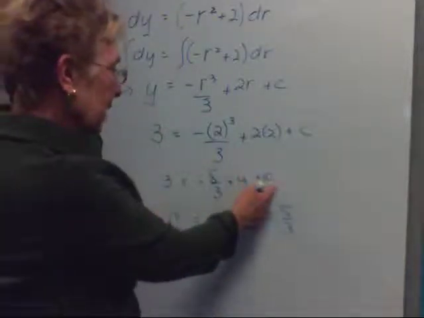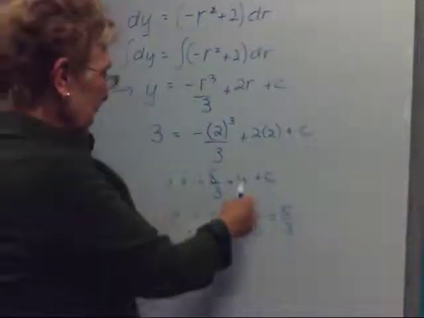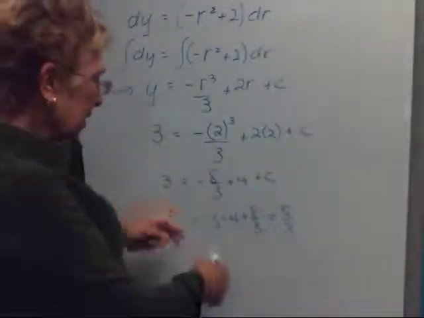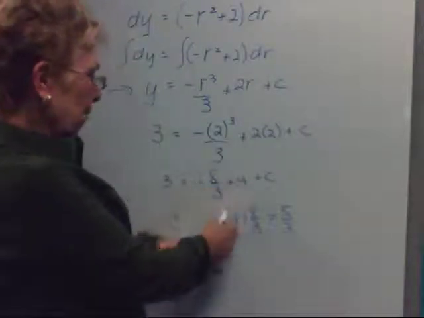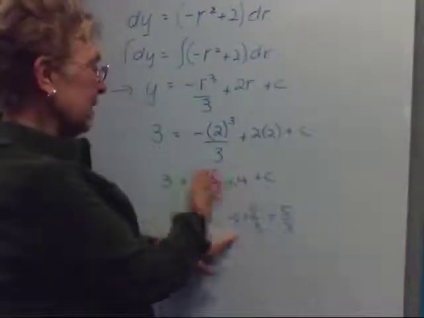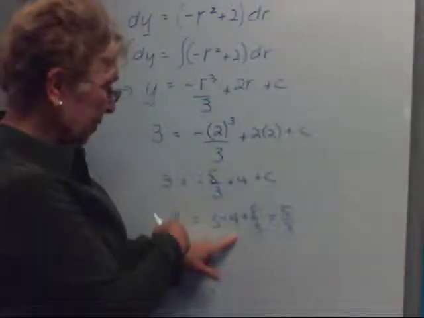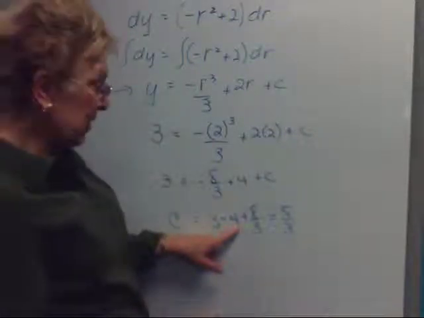Let's leave c alone on this side. Actually, I sort of mirror flip this, and put all the numbers together on the other side. So we'd have a positive 3, subtract a 4, and you'd have to add an 8/3 to both sides to get it on the other side where I want it. And combining things, 3 minus 4 gives us a minus 1.